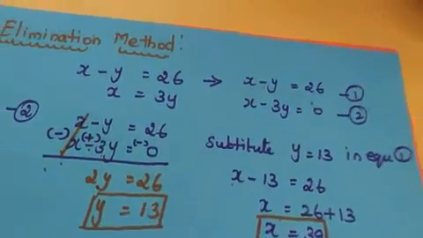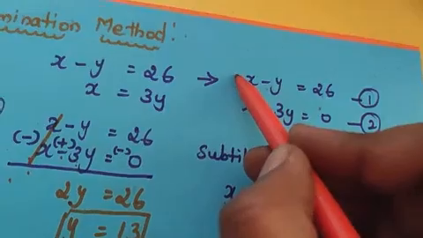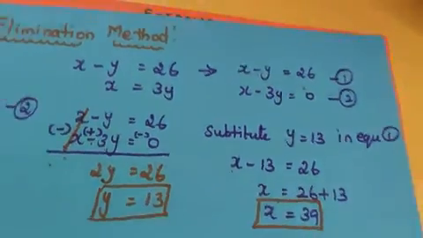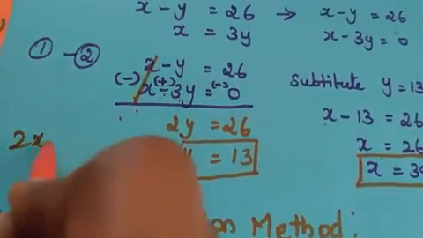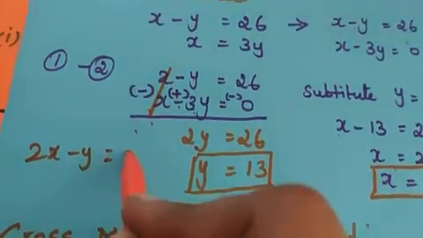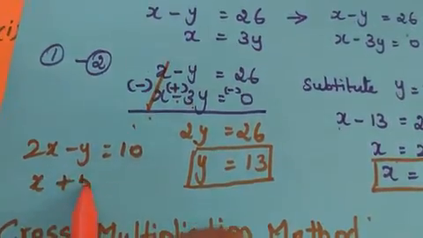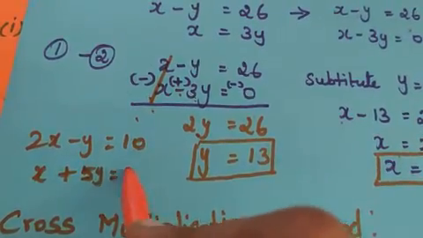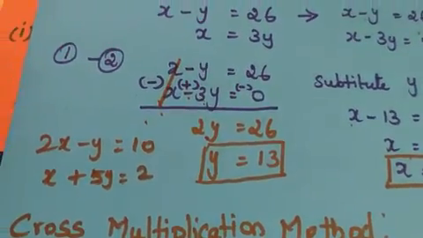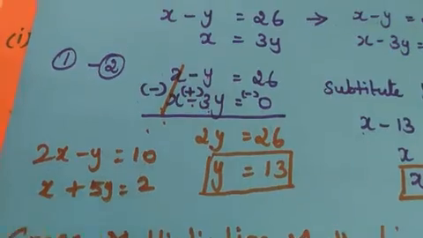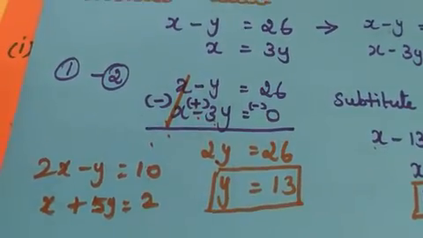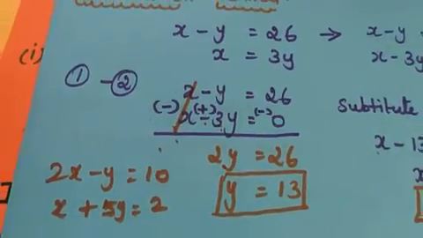Suppose the coefficient is not the same. For your understanding I am writing it like this. 2x minus y equals 10, and here x plus 5y equals 2. Here the x coefficient is not the same. But we can convert that one.